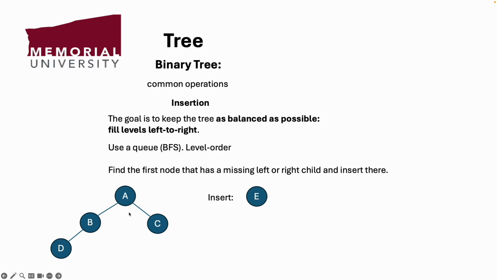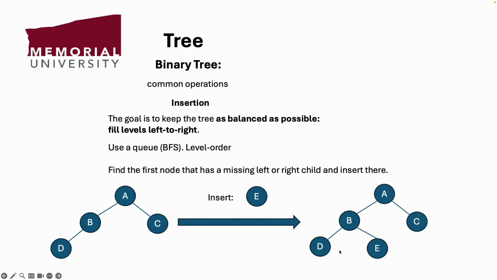Using breadth first search, we find node B. B has the left child but doesn't have the right child. So we insert E as the right child of B. That's the result after insertion. It keeps the tree as balanced as possible and fills the level from left to right.